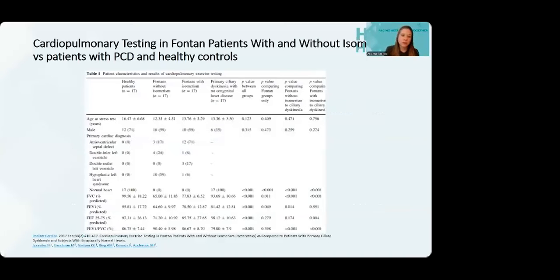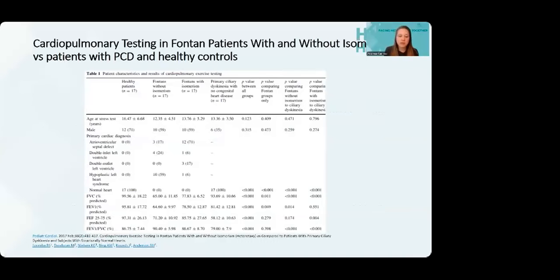This is another study from 2017 that compared patients that are healthy to those with primary ciliary dyskinesia to those with Fontans. And then they separated the Fontan group into those with isomerism and those without isomerism, using isomerism as a marker of heterotaxy. So the groups here are relatively small in their total number, so take it all with a grain of salt.